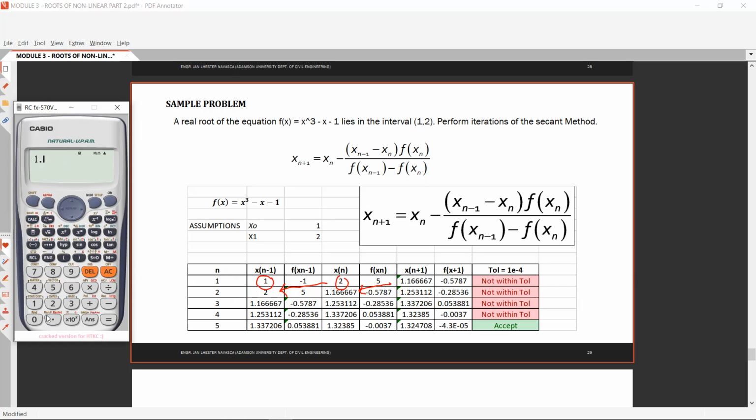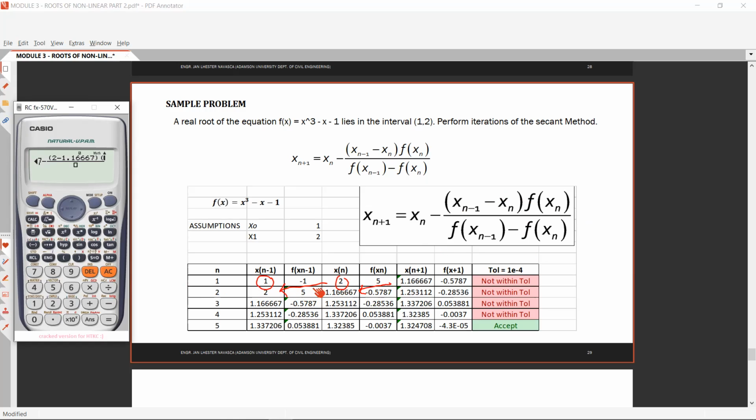So, 1.1667 minus yung n minus 1 mo, syempre ito, 2. 2 minus yung x sub n mo, which is 1.1667. Okay.